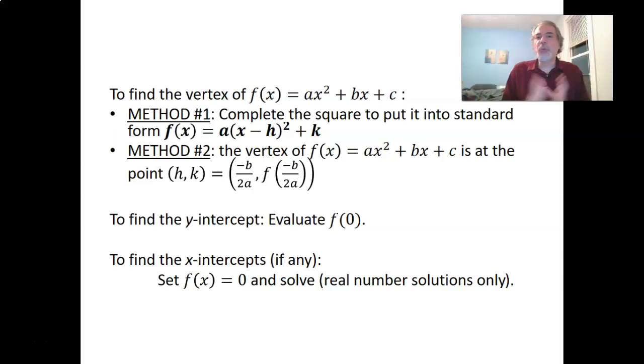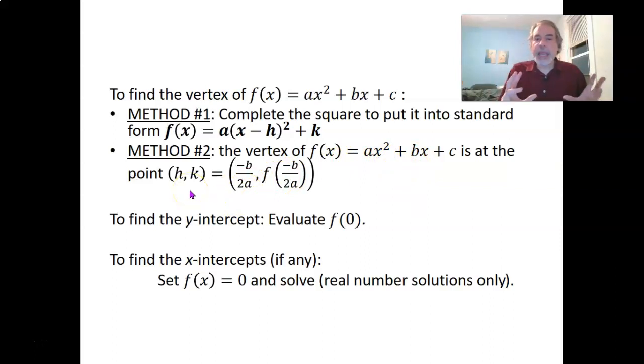But there is another way that, in my experience, a lot of students like better. There's a formula that tells you where the vertex is. Basically, h, the x-coordinate of the vertex, is negative b divided by 2a.